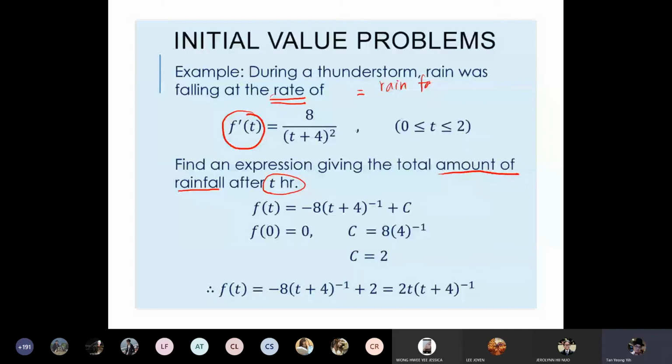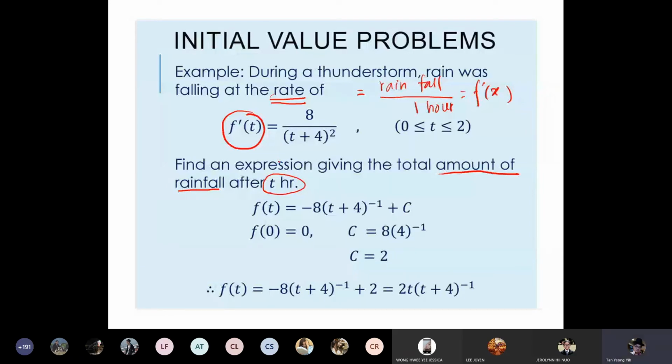Now we want to find the total amount of rainfall after T hours, so we are going to integrate the rate. The solution is not here, so I'm going to do it. The total amount of rainfall is actually the integral of the rate.